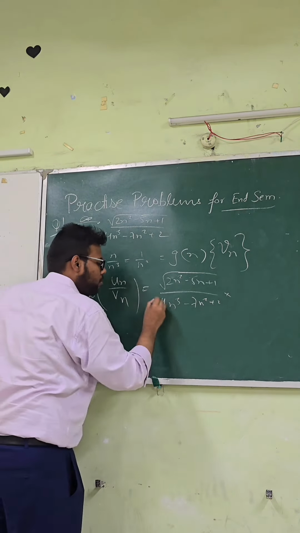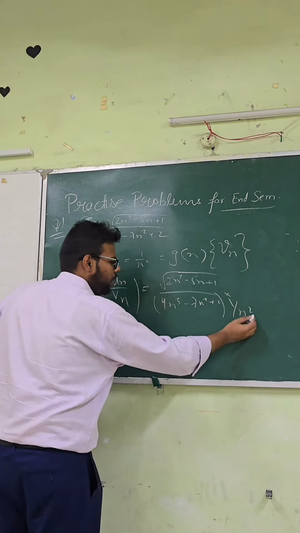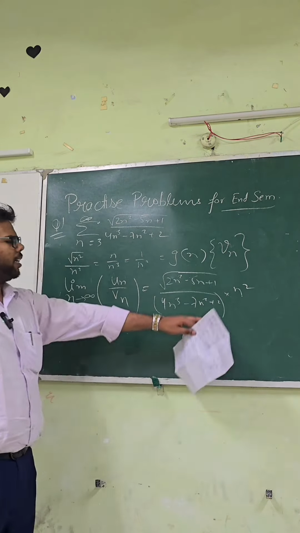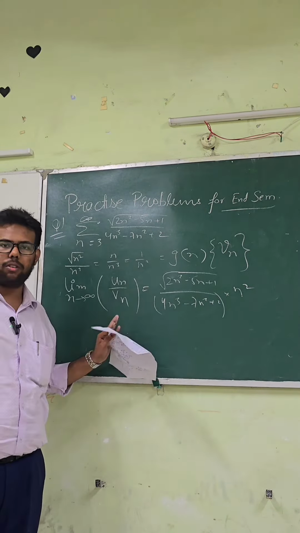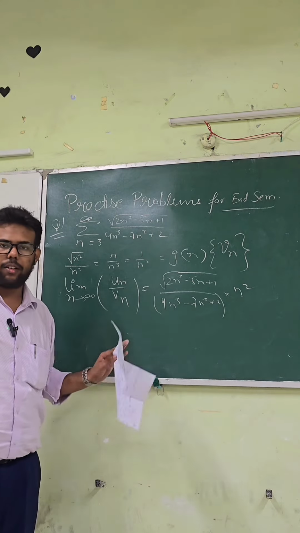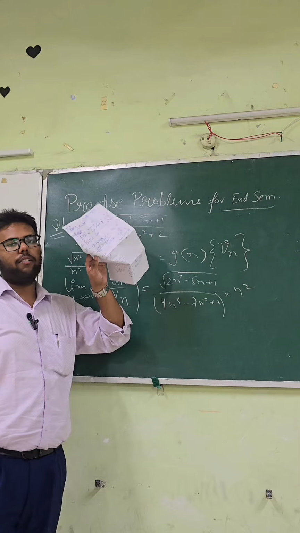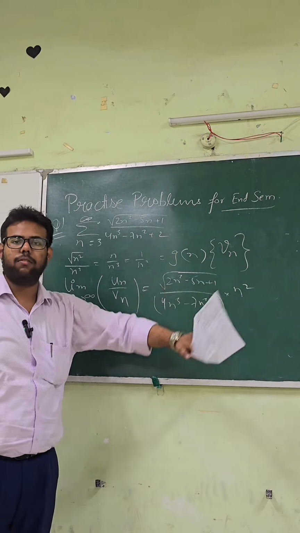The 1 upon n square will go upwards, so it will become into n square, and after that you can solve the limit. I'm not going to solve the limit, and you will check what value you get in the limit. And then accordingly you will say that this is convergent or divergent, but g of n, that is vn, is convergent, we know that.